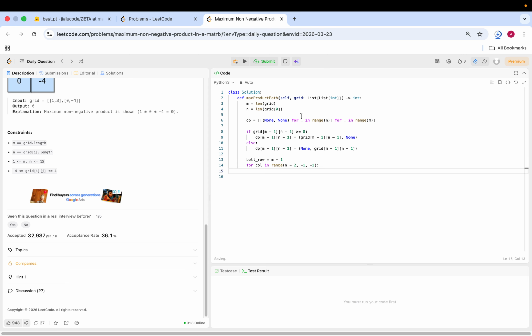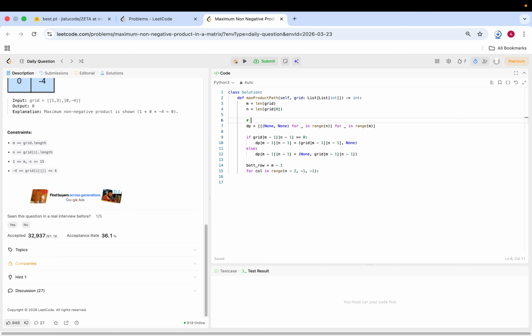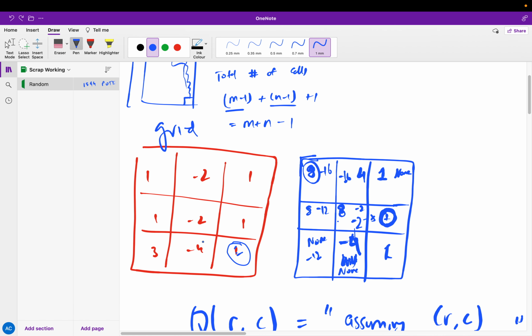For col, so I'll just write a possible edge case is if you have one column. I don't think this will be a problem, but this kind of thing for one row. So for each subsequent column, I'm doing the rest of these in the bottom row.